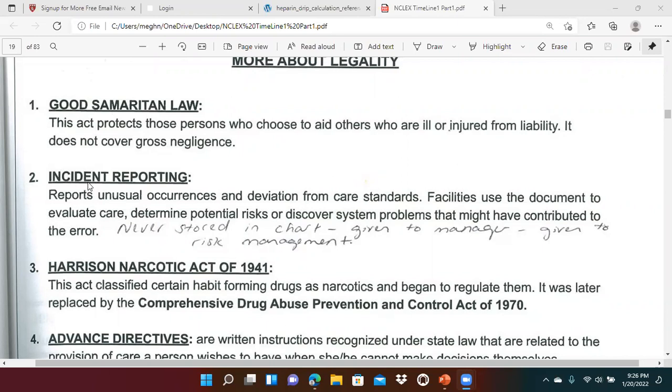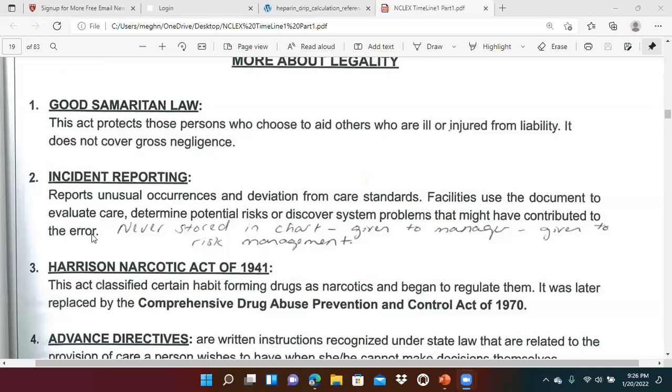Next, what is an incident report? An incident report documents occurrences and deviations from the care standard. Facilities use it to document, to evaluate the care, determine the potential risks, or discover the system problems that might have contributed to the error.